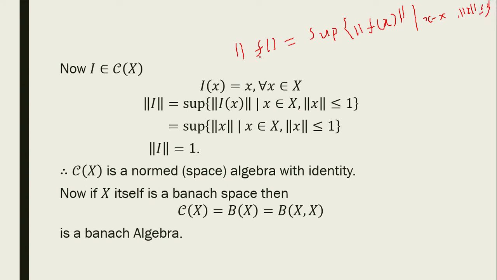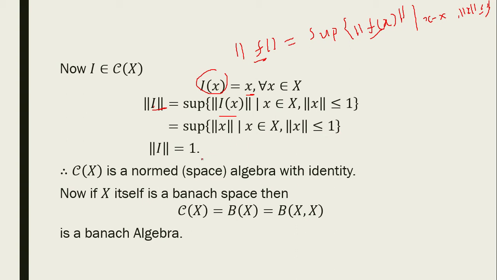Put F equal to I. So the supremum of norm I of X is equal to the supremum of norm X, putting I of X equal to X, where X belongs to X and norm X is less than or equal to 1.